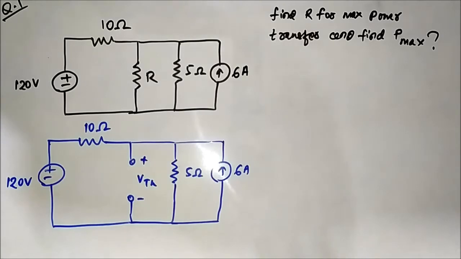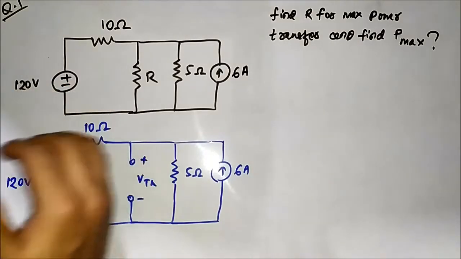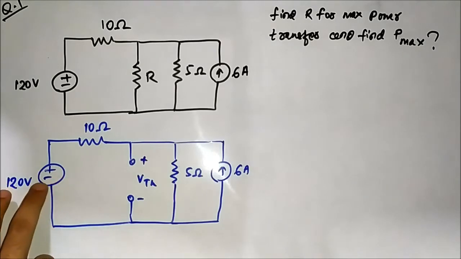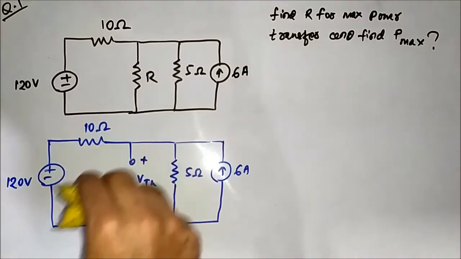Now, in order to simplify, or actually make the analysis simple, we can apply source transformation here. We have this 120 volt voltage source in series with this 10 ohm resistor, so we can convert it into a current source in parallel with the same resistor by applying source transformation.